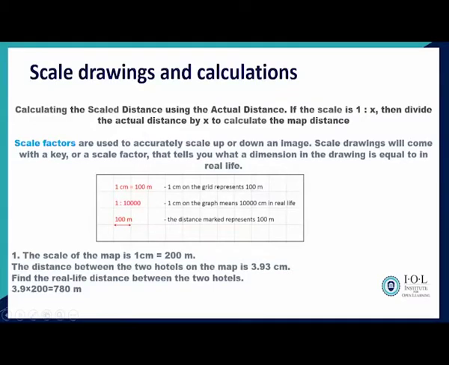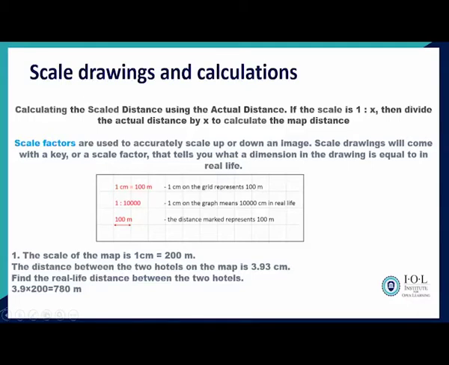Like 1 centimeter to 100 meters, that means 1 centimeter on the map represents 100 meters in reality. Or 1 to 10,000, 1 centimeter on the map represents 10,000 centimeters in reality. Or you see that line that represents the distance between 2 points.